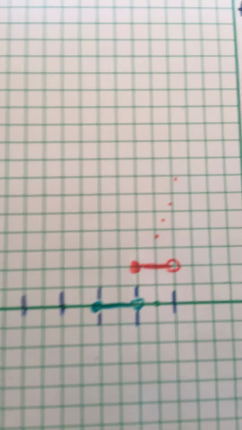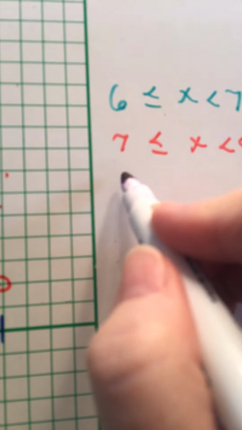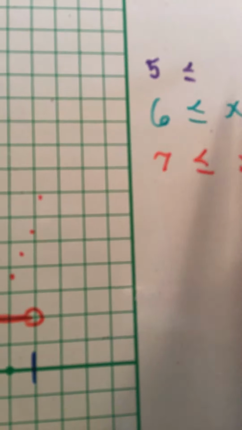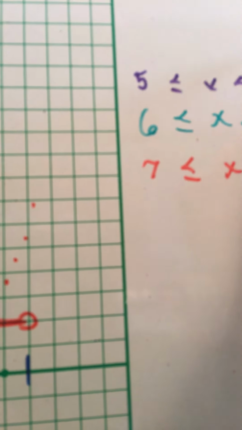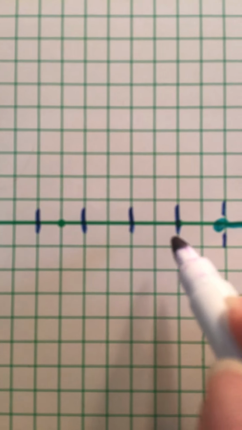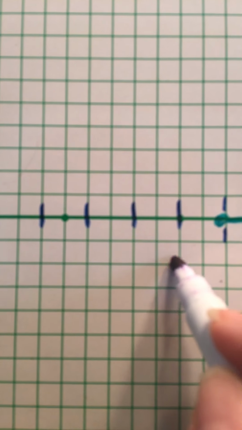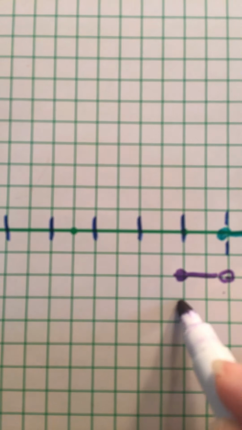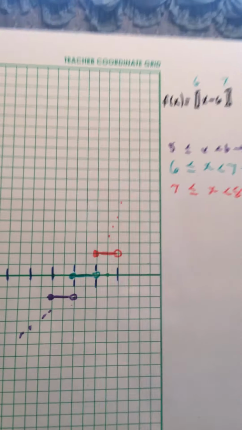And now for my last one, I'm going to go down 1, subtract 1, subtract 1, subtract 1. So here is my 5 closed, and 5 open, and my ellipses.